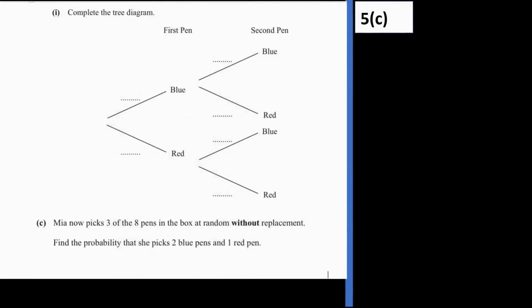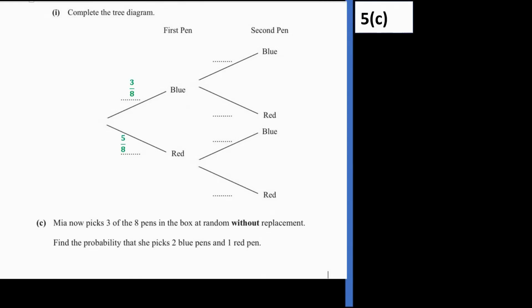Now I want to look at 5C. It says Mia now picks 3 of the 8 pens in the box at random without replacement. Find the probability that she picks 2 blue pens and 1 red pen. So now without replacement, we are going to complete this diagram again, but this time around our fractions are going to differ from the previous one. So we have 3/8 for blue, and then we have 5/8 for red.